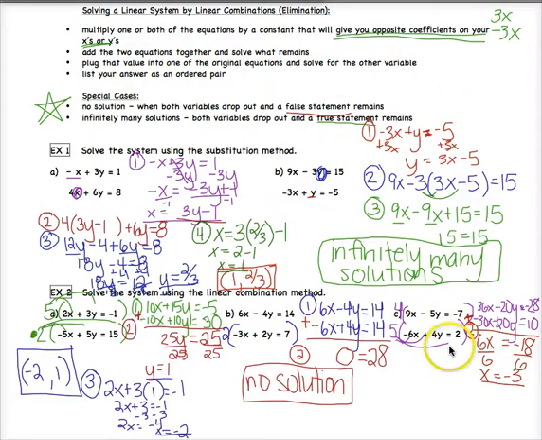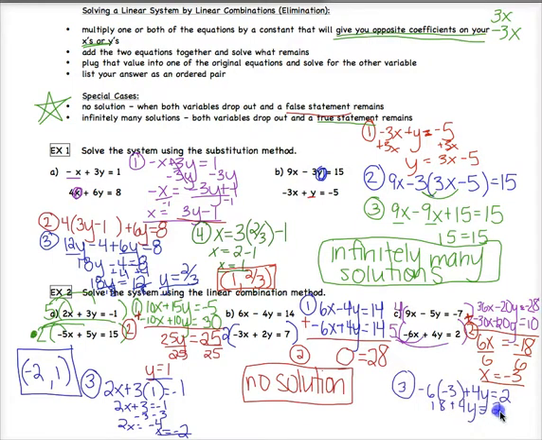Again, it doesn't matter which one you plug it into. They both have decently large numbers in comparison to the other one, but equation 2 is a little smaller, so I'm going to try that one. So negative 6 times x, which is negative 3, plus 4y equals 2. Negative 6 times negative 3 is 18.